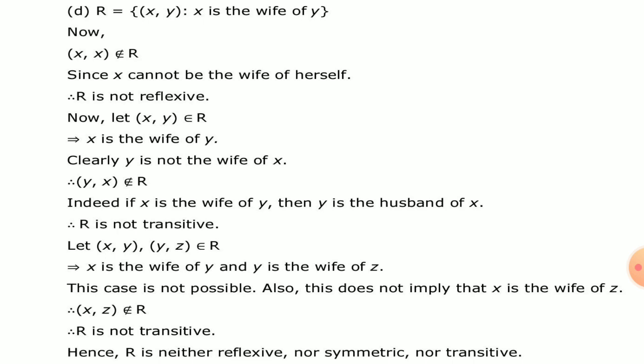Also, it does not imply that x is the wife of z, so (x, z) does not belong to R. Therefore R is not a transitive relation. Hence R is neither reflexive, nor symmetric, nor transitive relation.